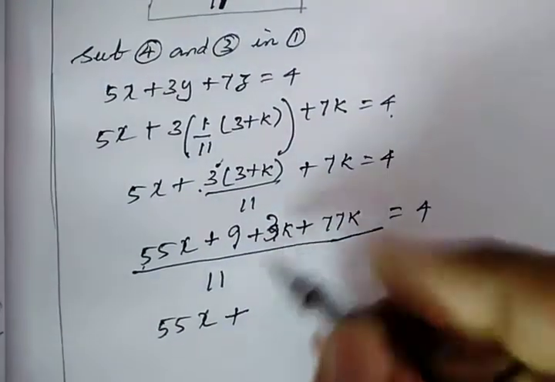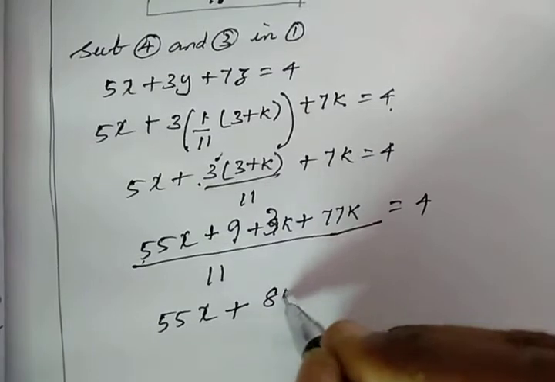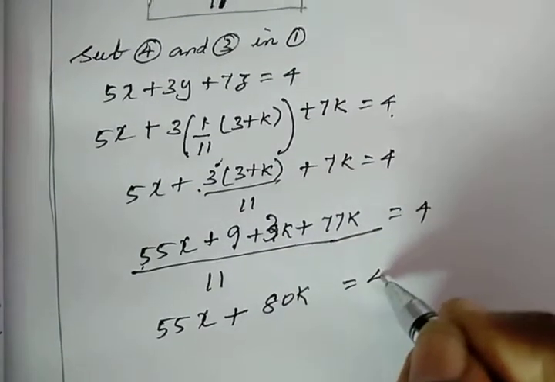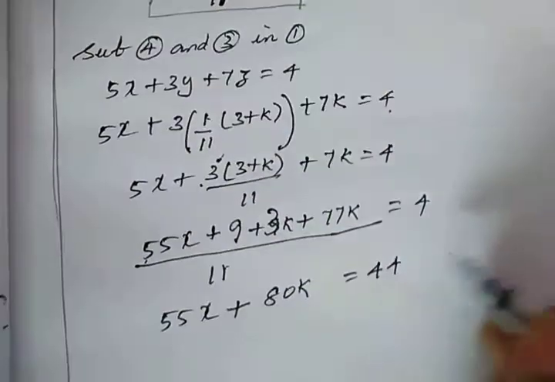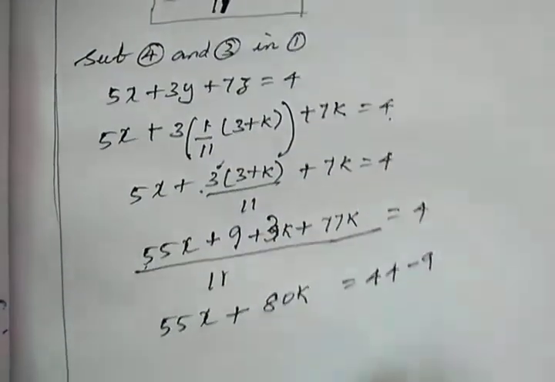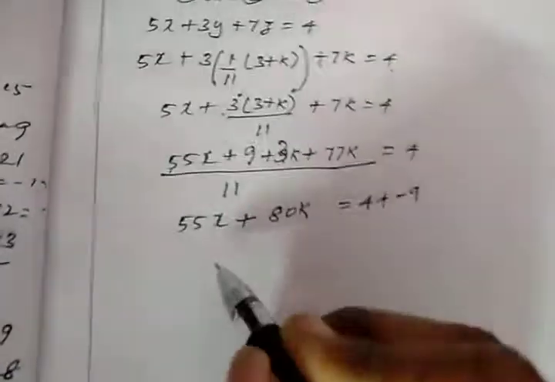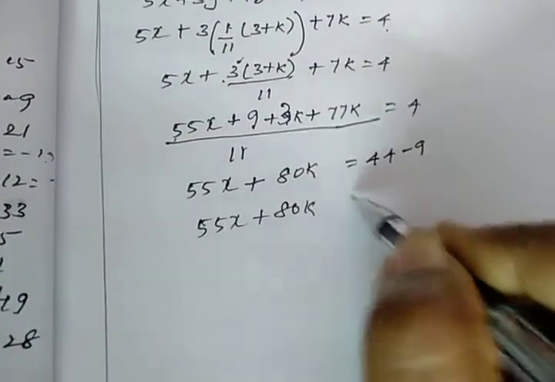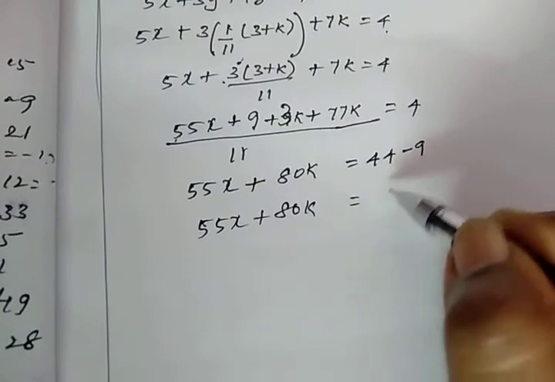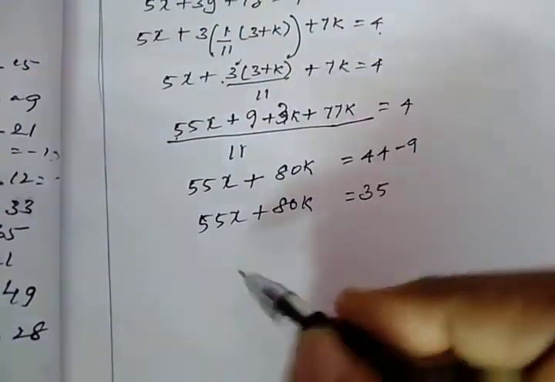So 77k plus 3k, I'll get 80k equals 4 into 11, it is 44. Simultaneously, I'm taking 9 to the other side, so it is minus 9. Now simplify. 55x plus 80k equals 44 minus 9 is 35.